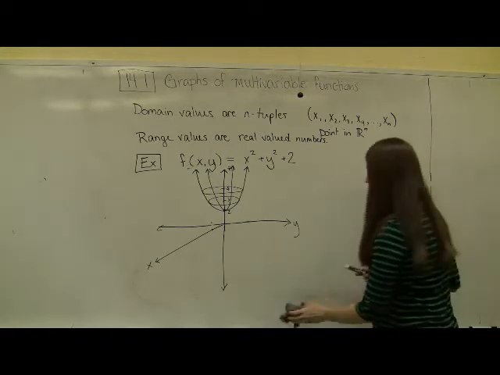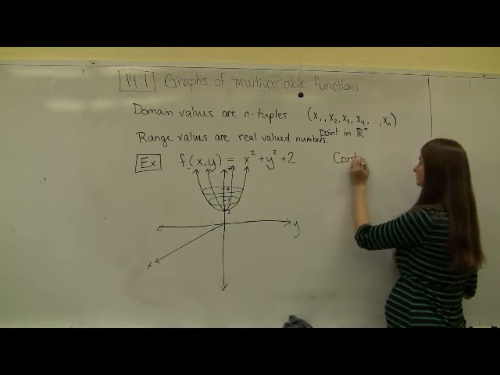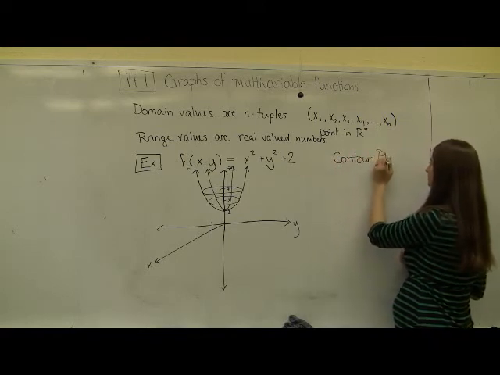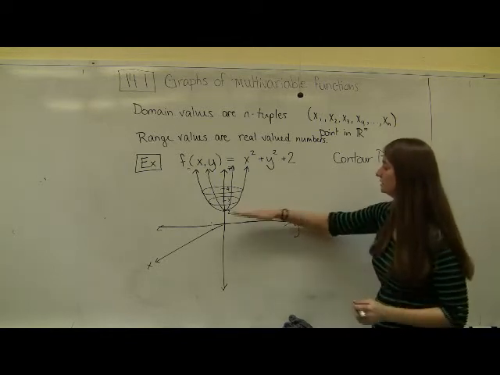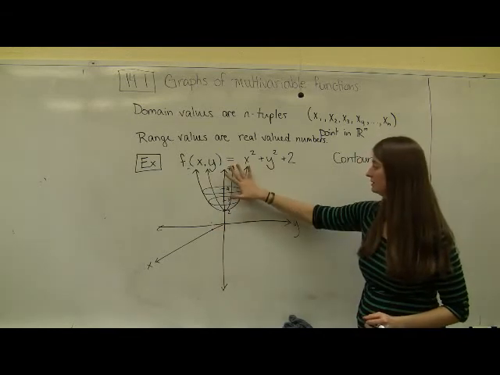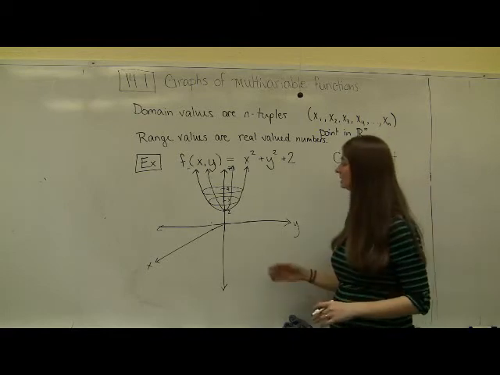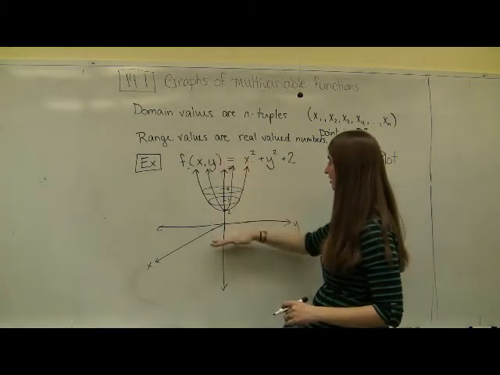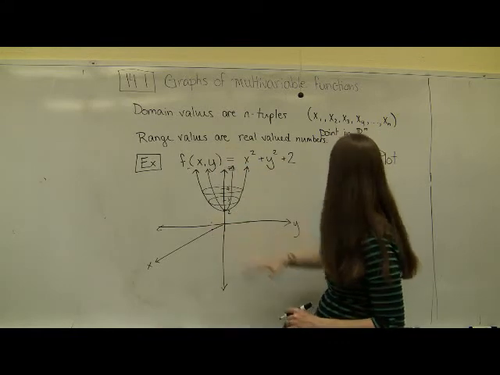Finally, I want to introduce the idea of a contour plot. Let's say that instead of representing this graph in three-dimensional space, I think of taking a top view of it. So I'm going to take a top view and look down and project this same thing down onto the xy plane.